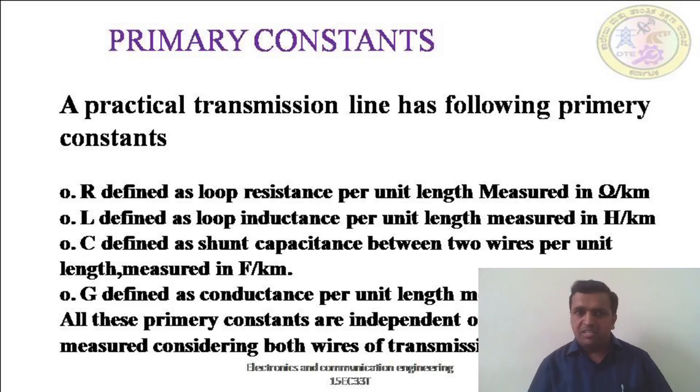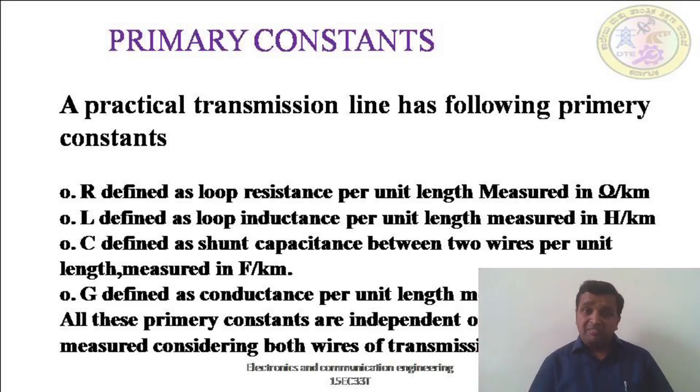In the same fashion, C is defined as shunt capacitance between the two wires per unit length, expressed in farads per kilometer. If you want the capacitance for the total length of the wire, you need to multiply by the length of that wire, so farads per kilometer multiplied by kilometer gives farads. That means the total capacitance of the particular line.